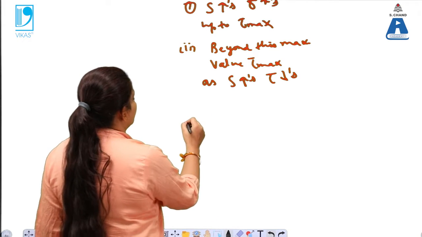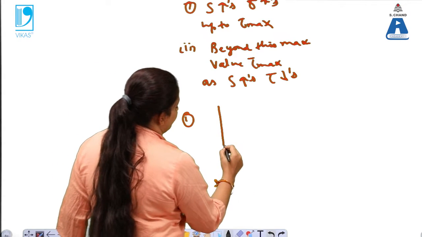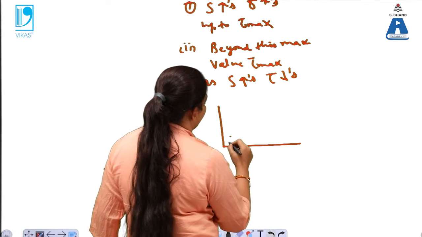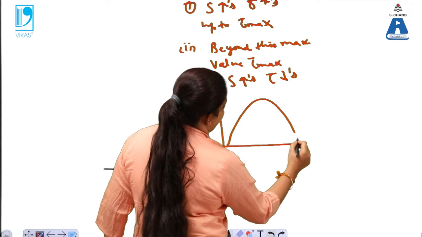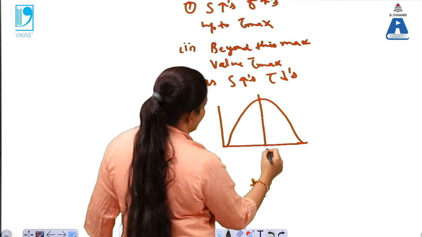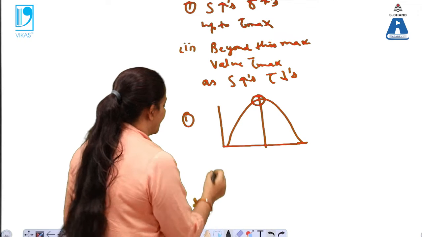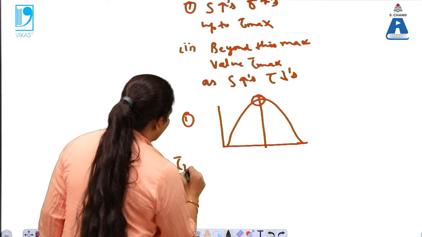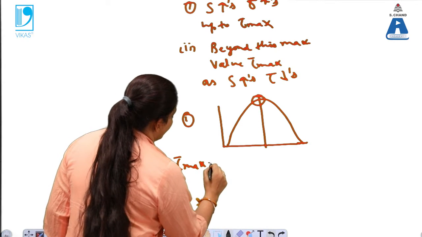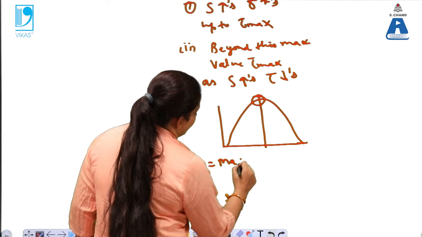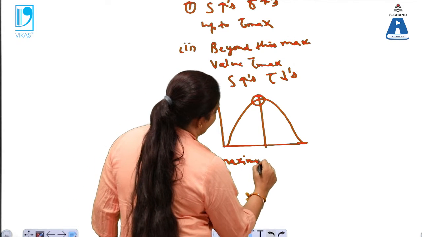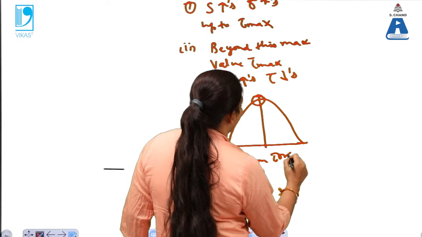Now next, what happens at this point, at T max, that is the maximum torque or the pullover torque.